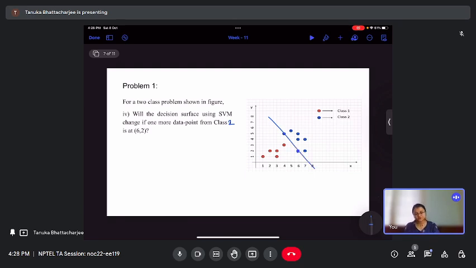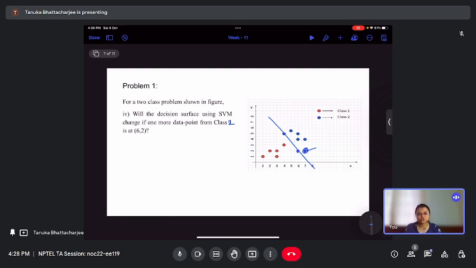Previously this point was on the boundary of this particular class. Now, since you have got one more point which is closer to the other class than this particular point, now this is forming the boundary.